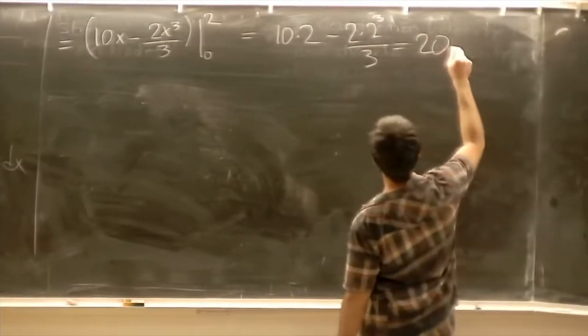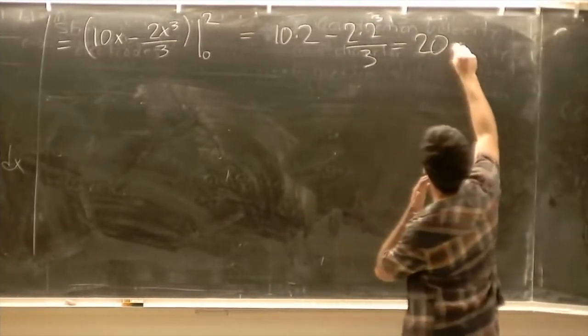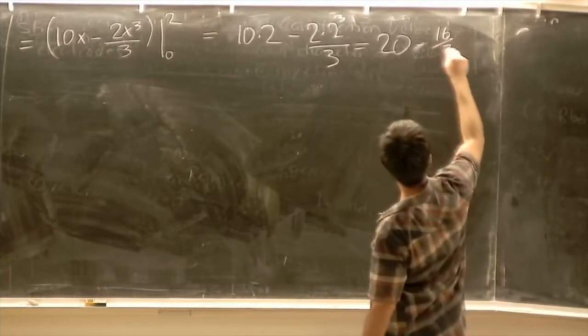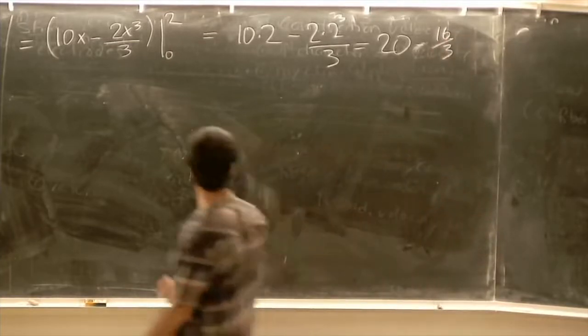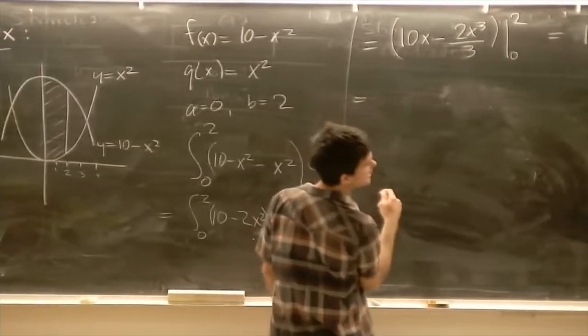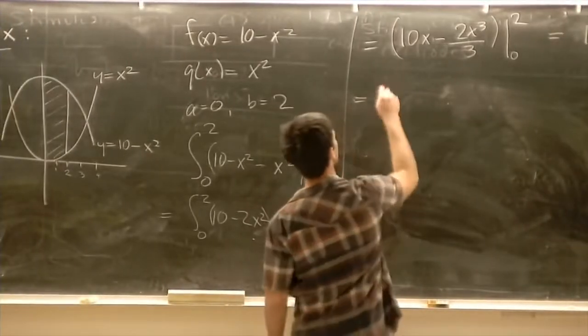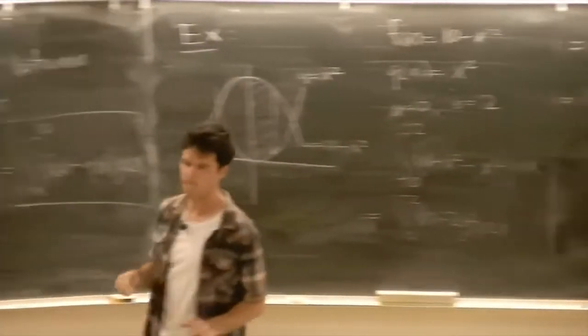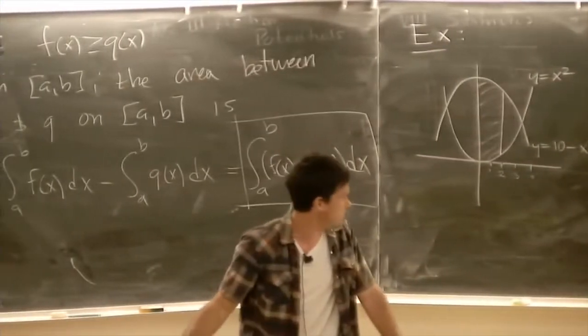That's equal to 20 minus, what is that, 16 over 3. So I could write that as 14 and 2/3. Okay, not so bad.